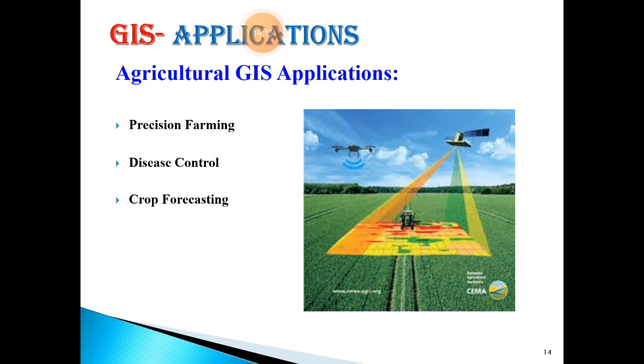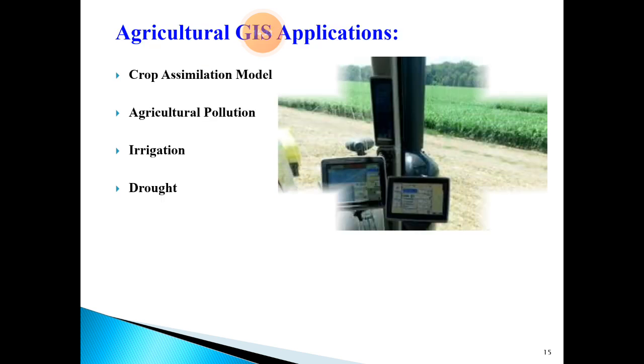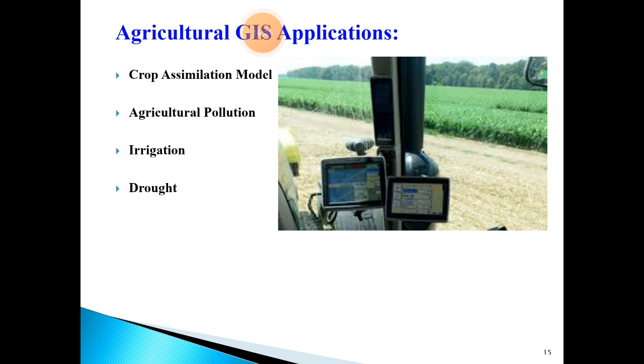GIS also helps in monitoring the spread of pests and disease-causing pathogens so that disease control measures are applied. GIS gives the details of soil conditions and weather parameters which are suitable for crop production. Thus, it helps in good crop productivity. This is called the crop assimilation model.